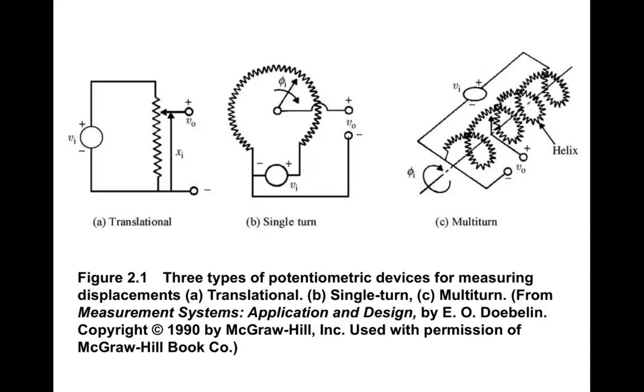If you need different kind of sensitivity, you can make a helical coil, and that can measure both linear displacement as well as angular displacement. So you actually could do two different kinds of measurements with the same sensor.